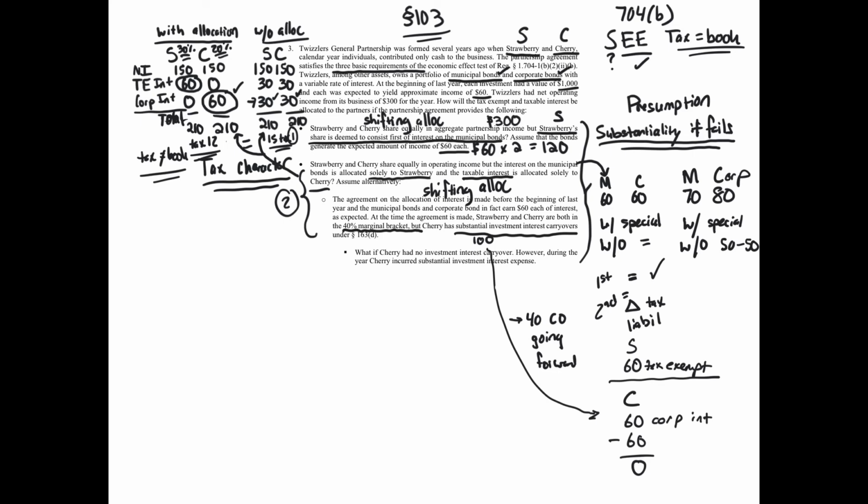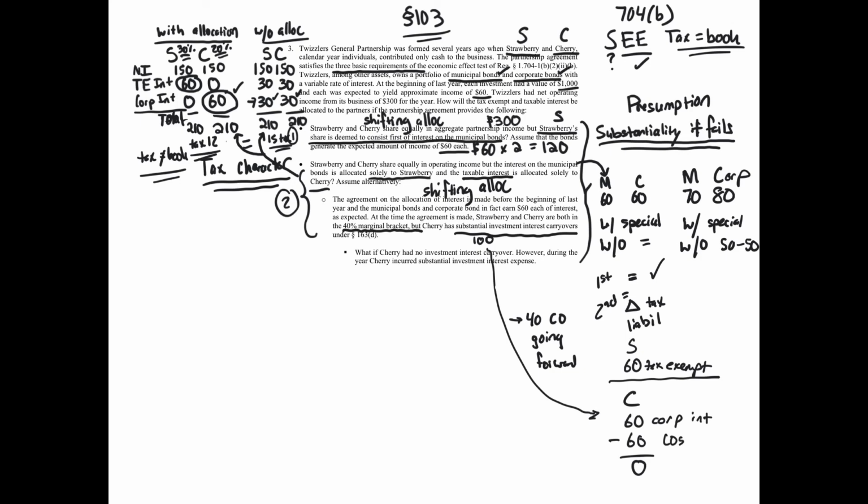So it would be this situation with the allocations, no tax because Strawberry has tax exempt interest, so it's not taxable. Cherry has no tax because of the substantial investment interest carryovers offset it, right? So zero. But that's with the special allocation.